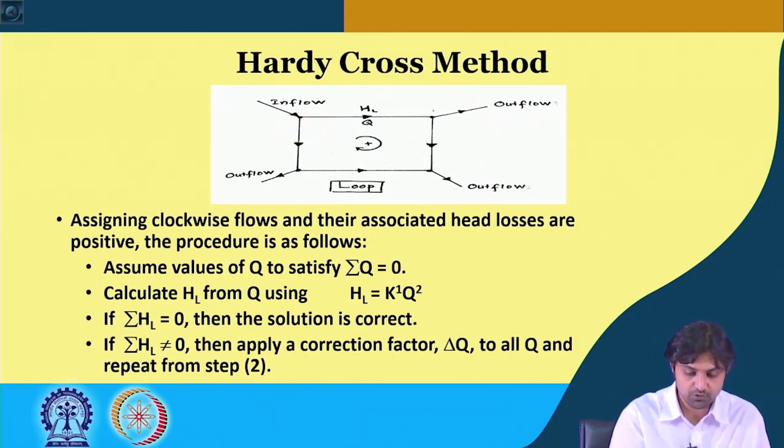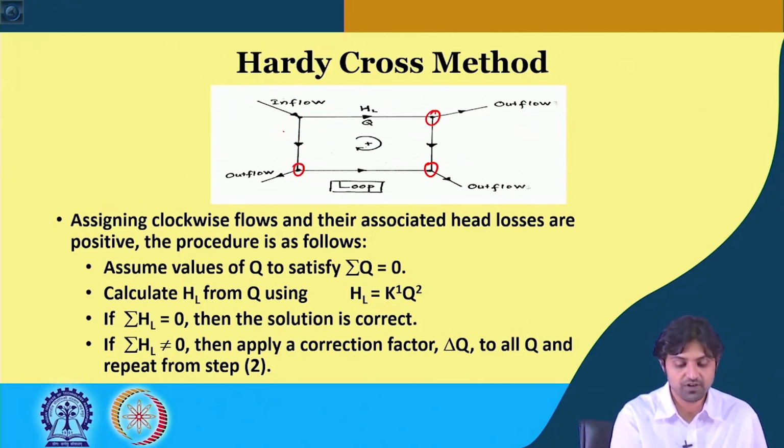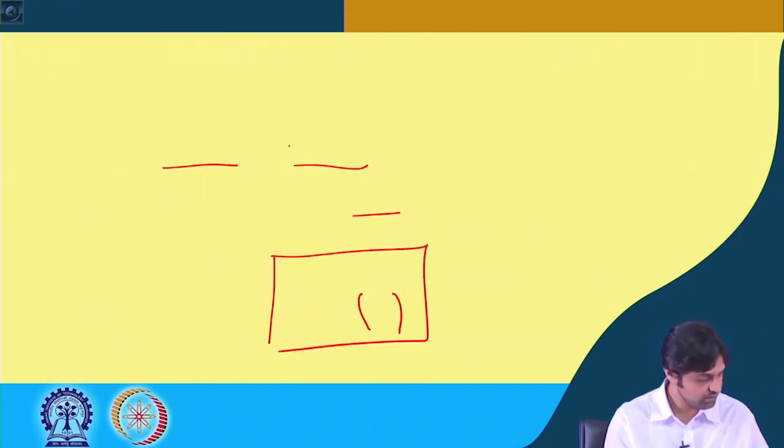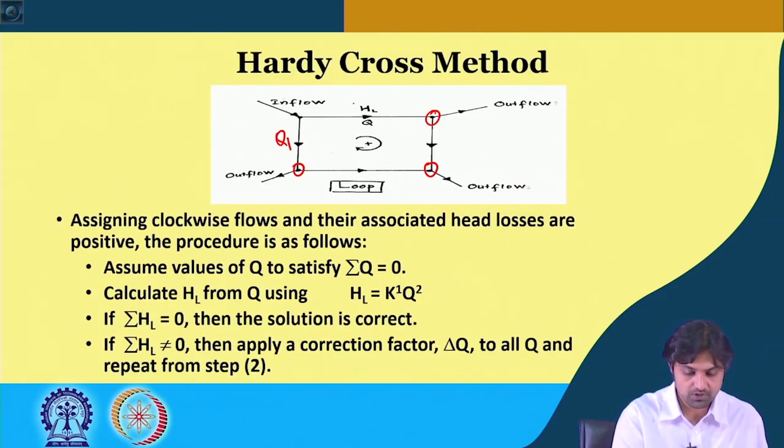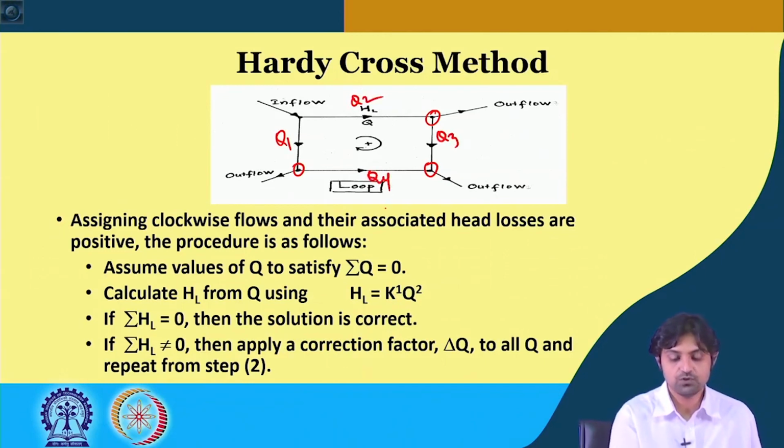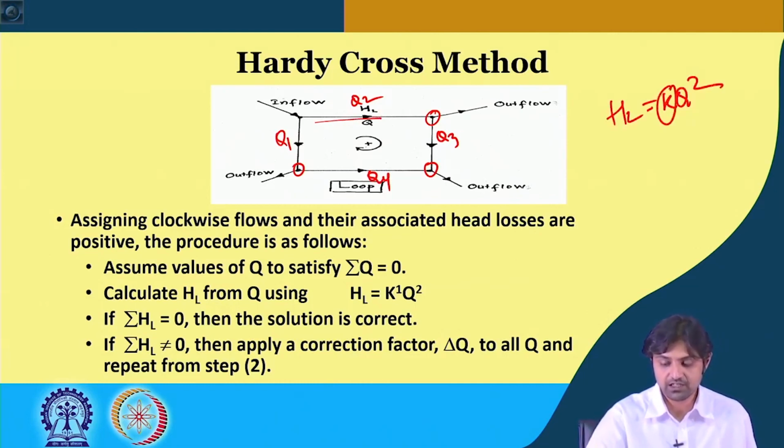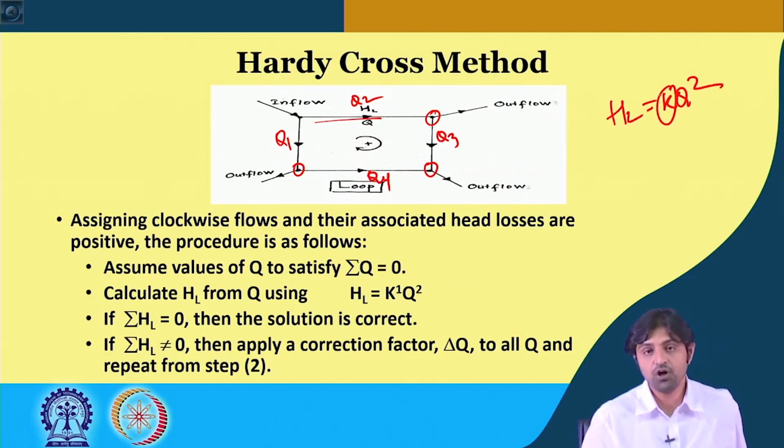Second thing, you have to do it at all nodes in the loop. So once Q is defined here, Q1, Q2, Q3, Q4 for example, then you start calculating HL. HL is K into Q square. This K either you have to calculate yourself or it will be given also.